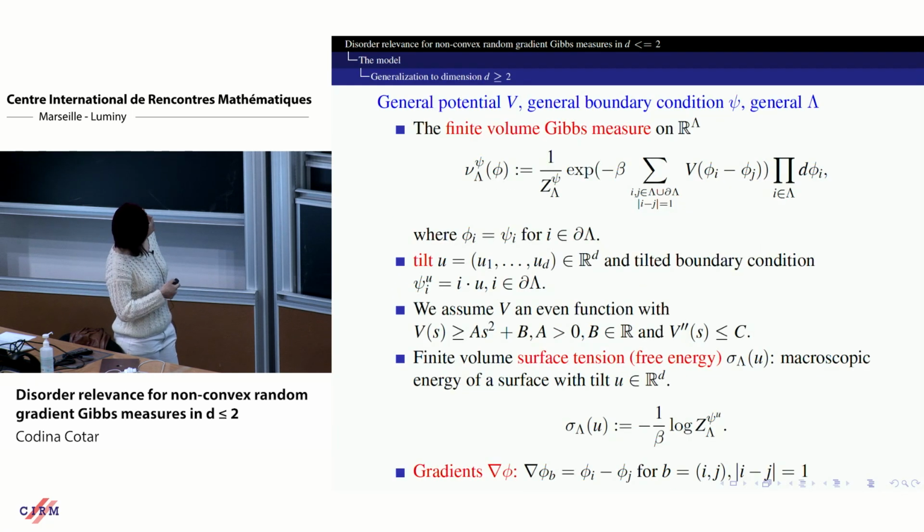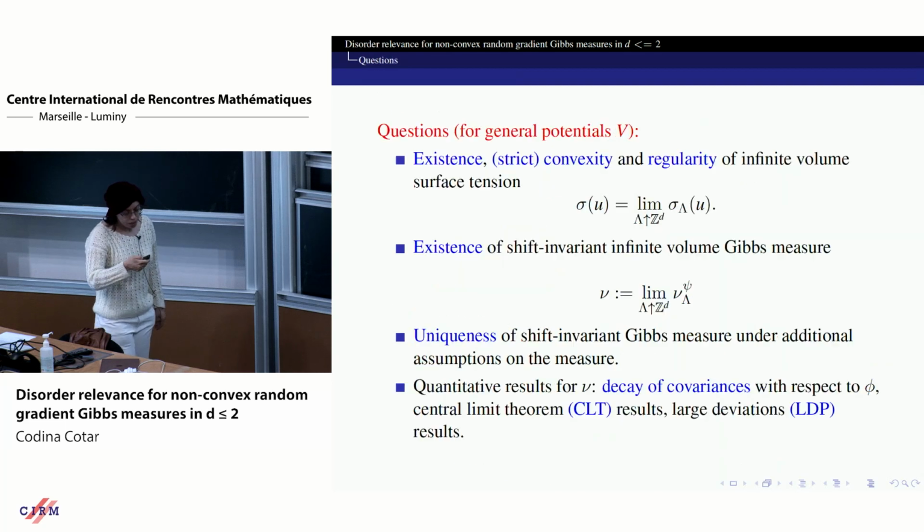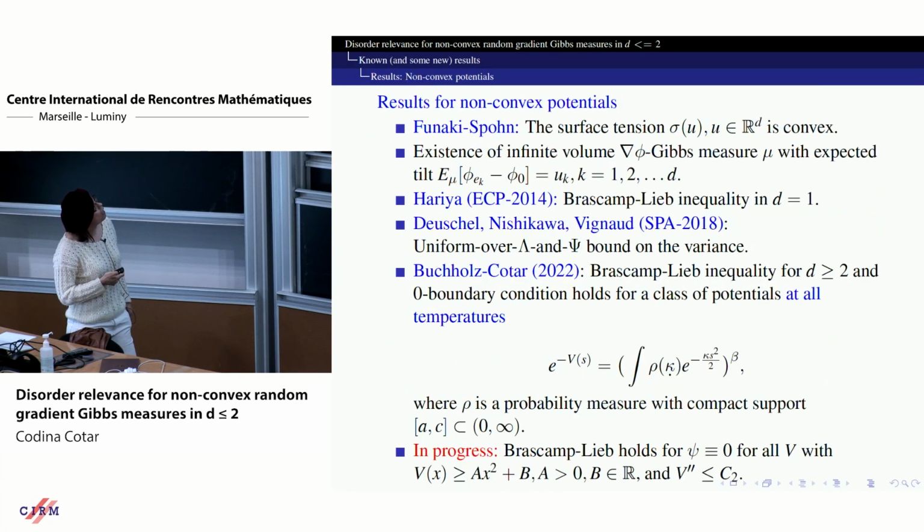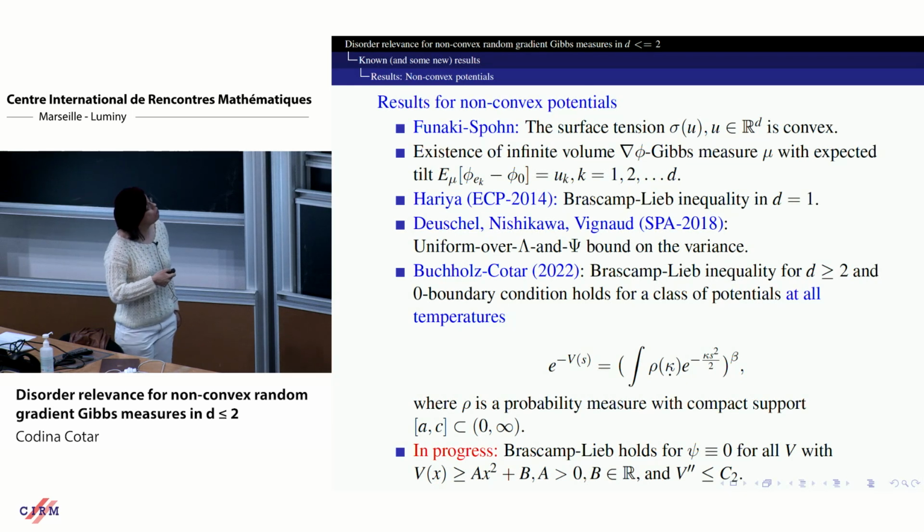Under these general assumptions, they proved a uniform bound on the variance with respect to the box and with respect to the boundary condition, but the boundary condition was just the tilted one, as far as I remember.